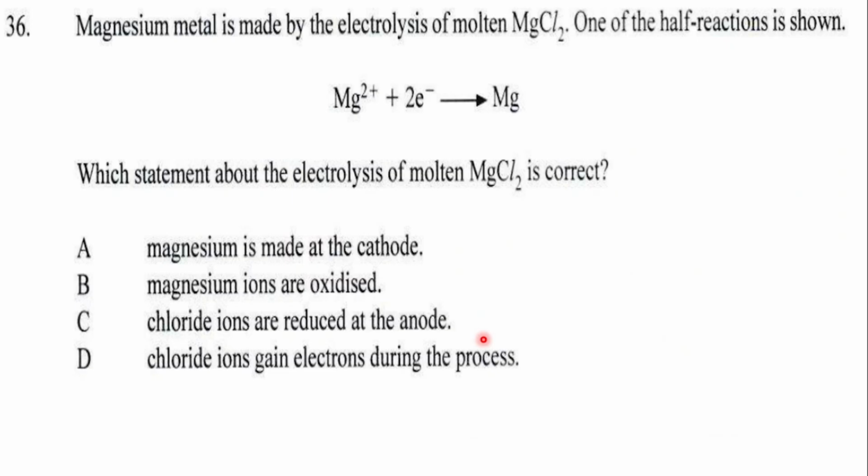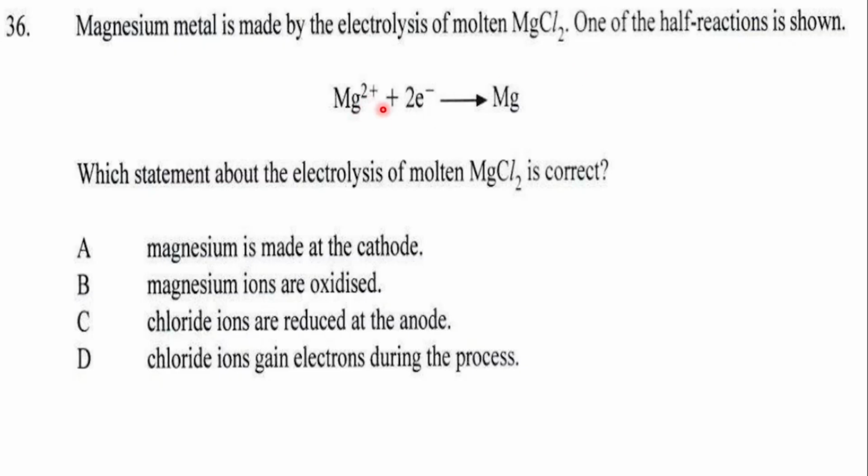Let's move on to question number 36, and it says magnesium metal is made by the electrolysis of molten MgCl2. Let's read that again. Magnesium metal is made by the electrolysis of molten MgCl2. One of the half reactions is shown.